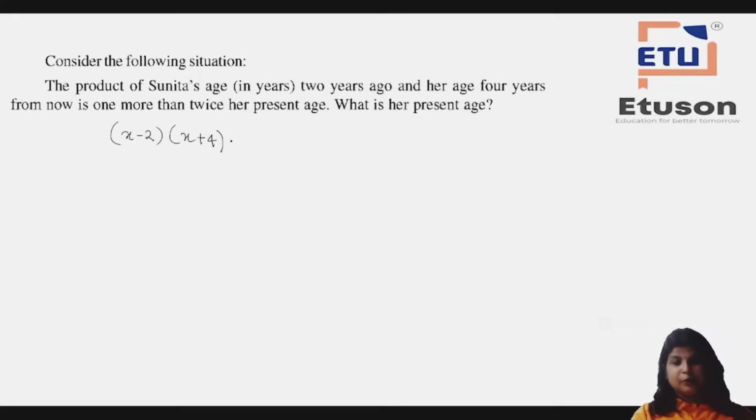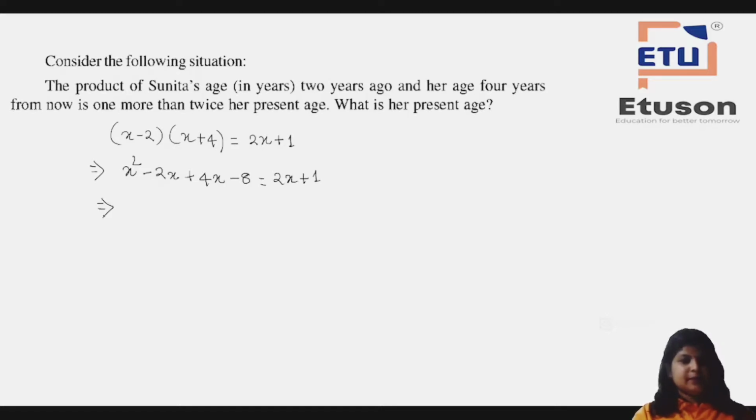That means after 4 years, what will be her age? That is equal to 1 more than twice her present age, so 2x plus 1. So what will you do? You will just simplify it. It will be x square minus 2x plus 4x minus 8 is equal to 2x plus 1.